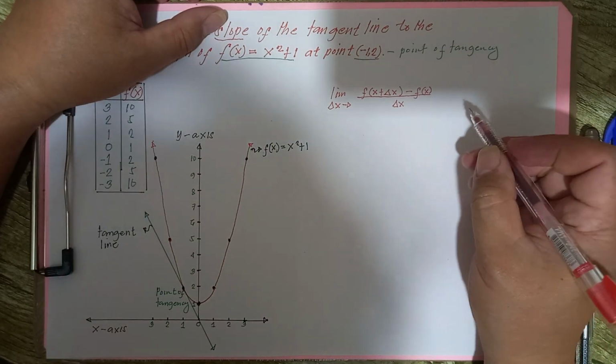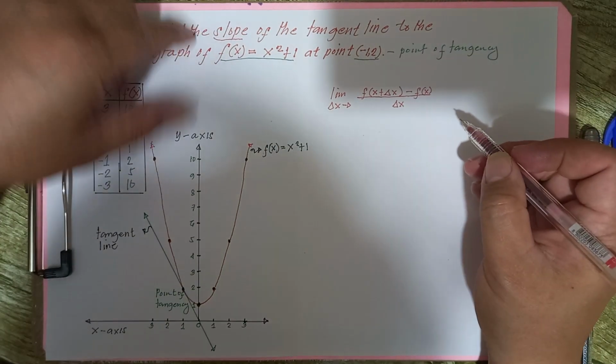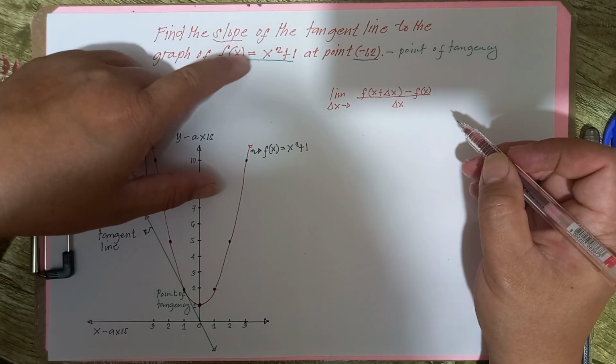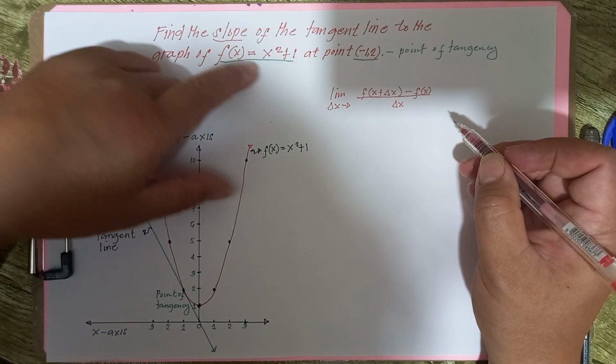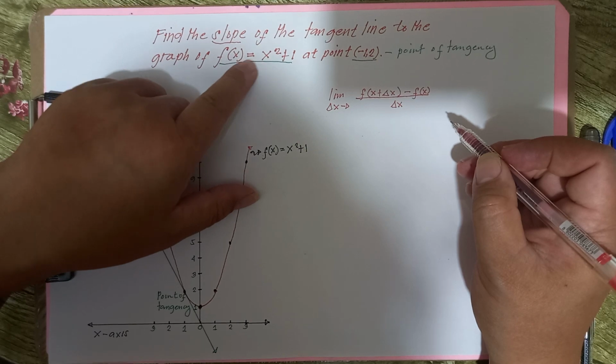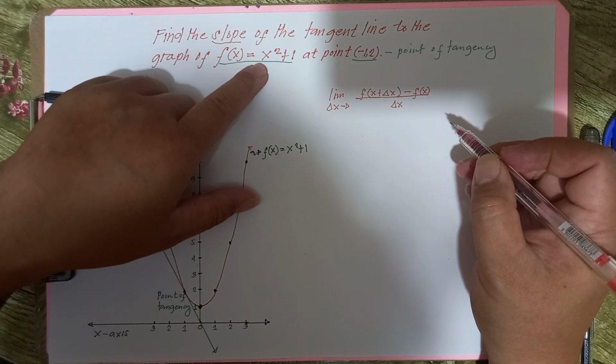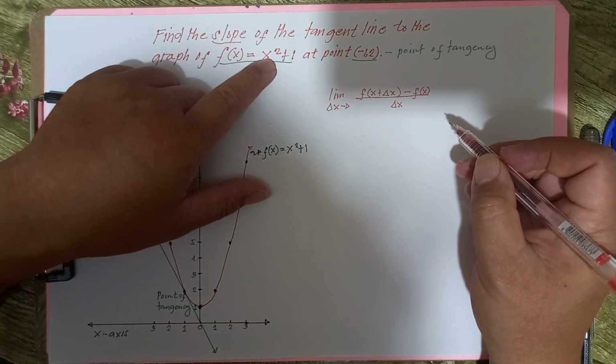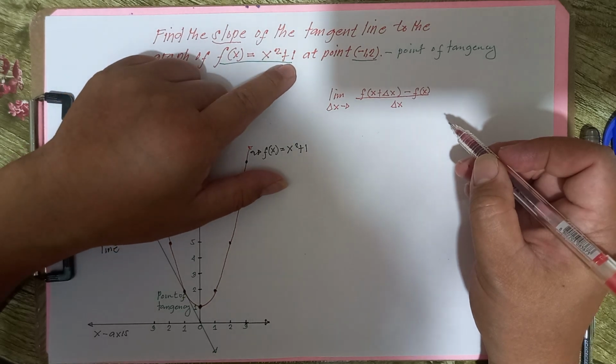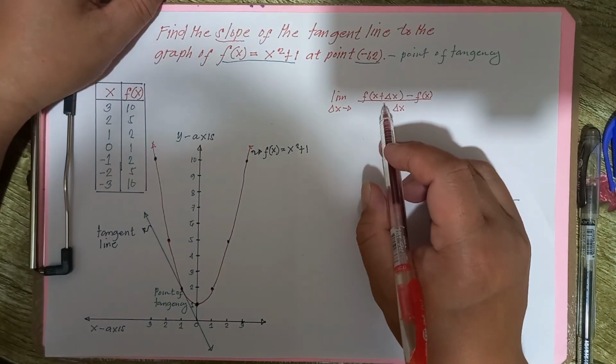Now, remember that our function is f of x equals x raised to 2 plus 1, so we can substitute this one.